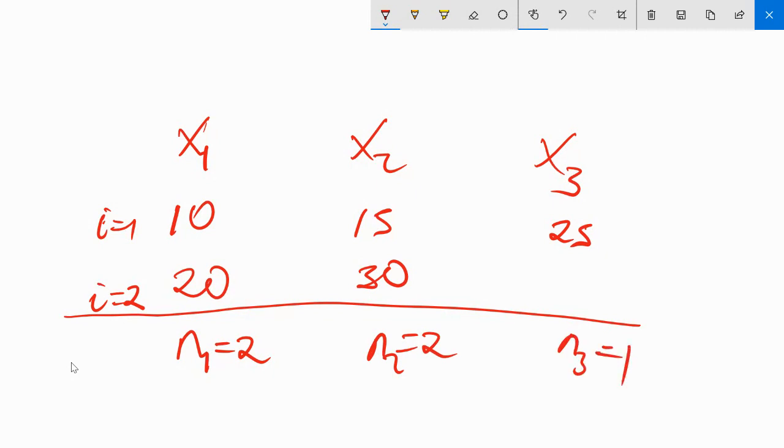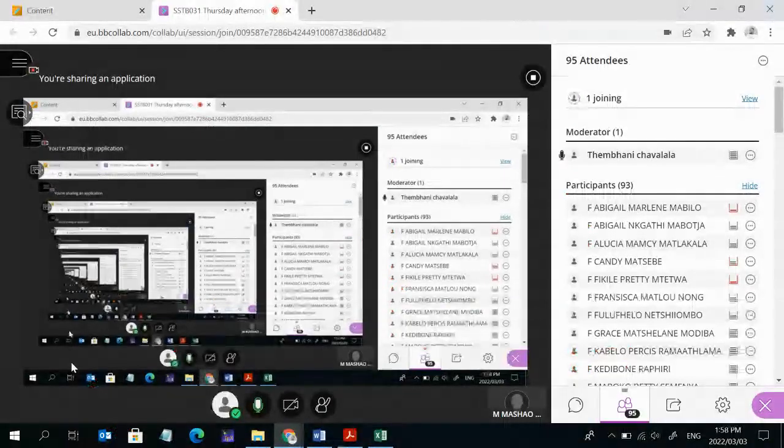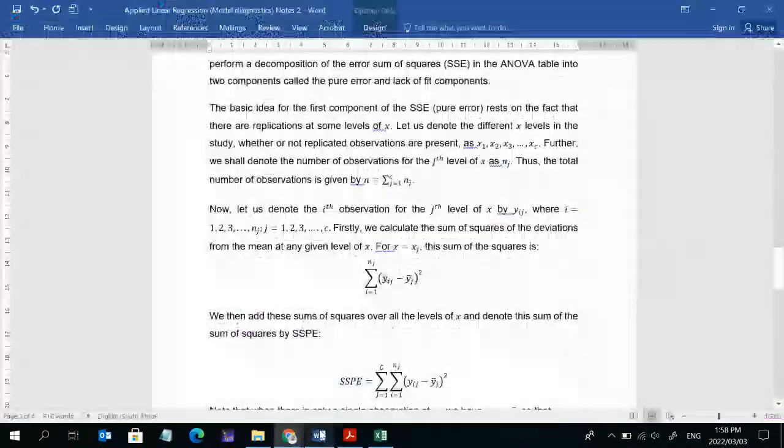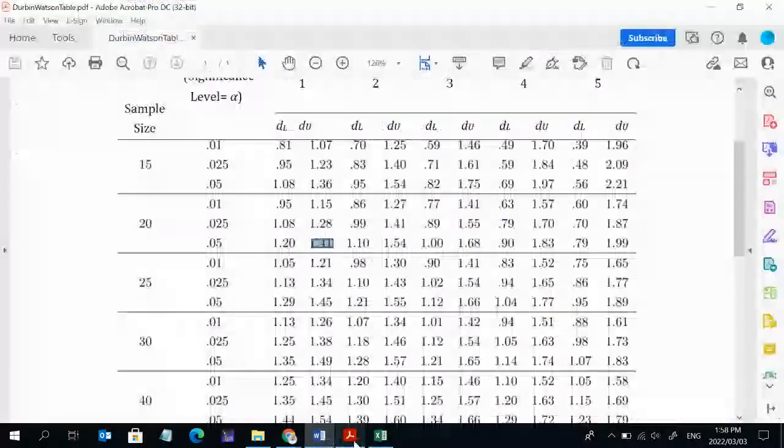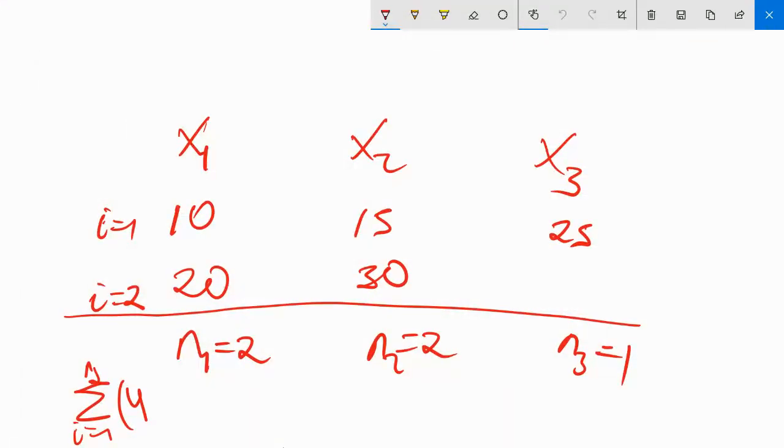So that formula that we are having there, which is the summation of i from 1 to nj of, let me go back and check that formula, yij minus y bar j.